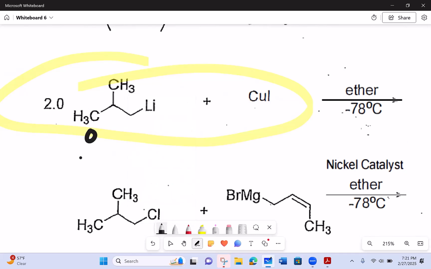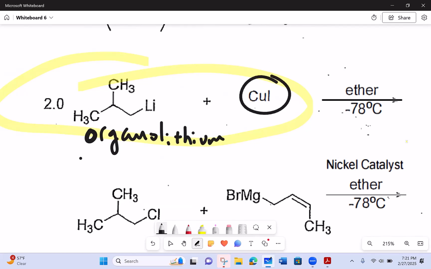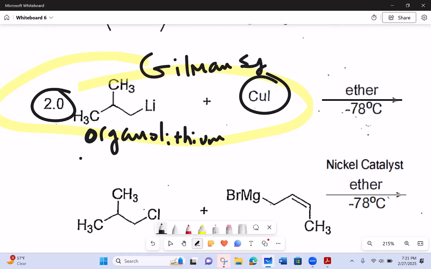So now that we know that, we have copper iodide, and then notice the stoichiometry. We got 2 moles of that organolithium. So this is actually a Gilman synthesis. Is that right? Gilman is anything with the copper. Yes. Okay.